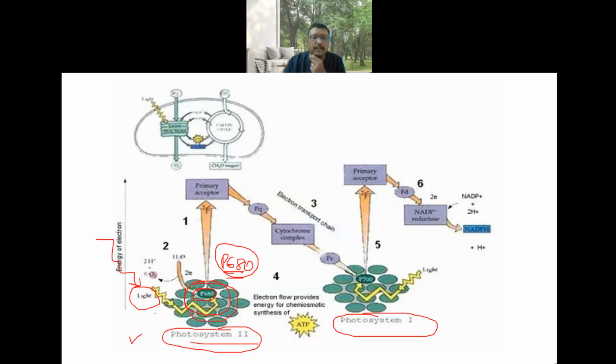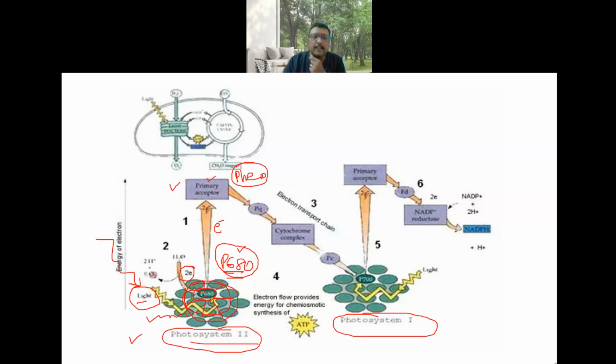They absorb the light energy in the form of photons, and they transfer the light energy to the reaction center. The reaction center gets excited, and when it gets excited, it releases electrons to the primary electron acceptor. Here, the primary electron acceptor in the case of PS2 is pheophytin. Pheophytin accepts the electron.